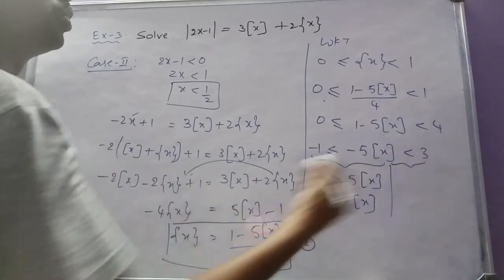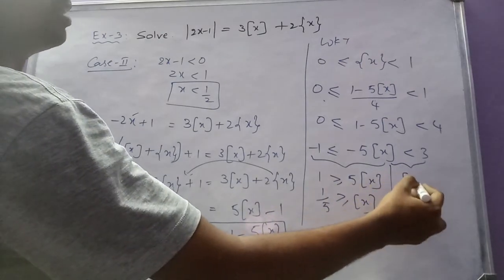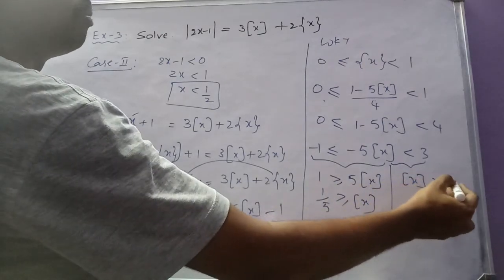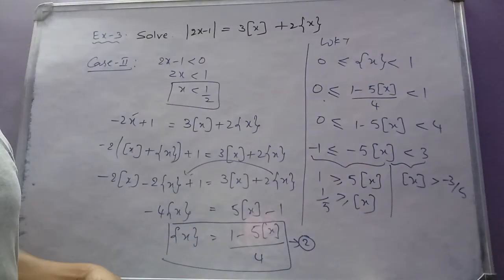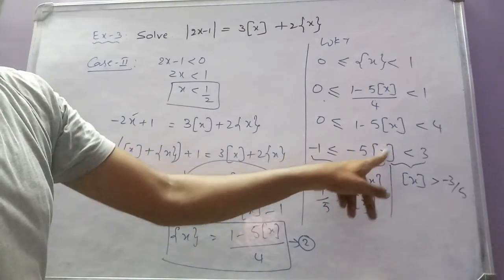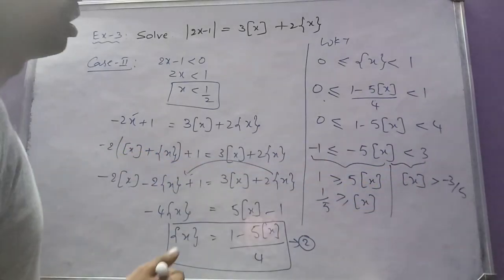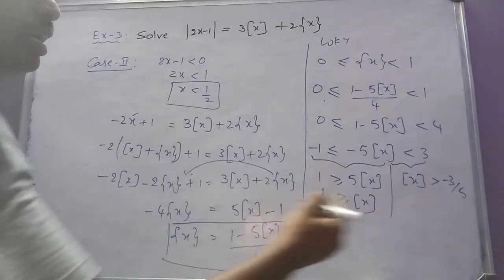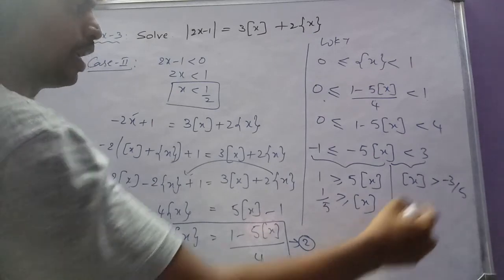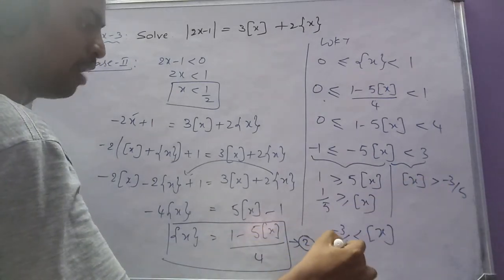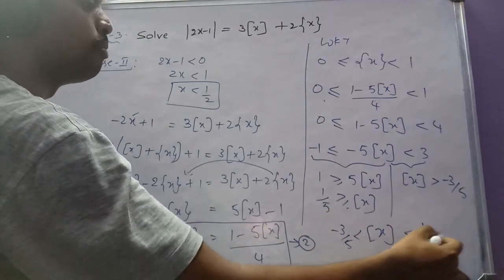And if I take the other two, you will get step x greater than minus 3 by 5. I first multiplied by minus on both sides, the inequality reversed, then I divided by 5. So step x is greater than minus 3 by 5 and less than or equal to 1 by 5.